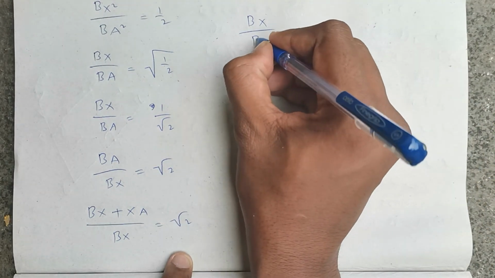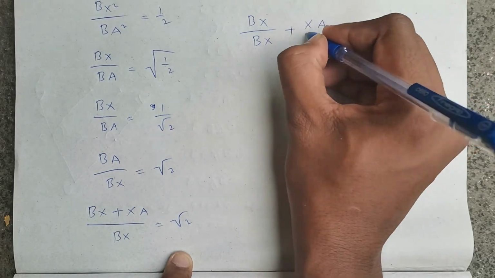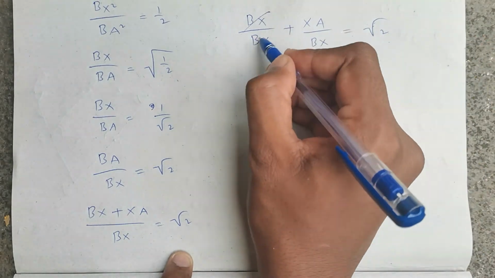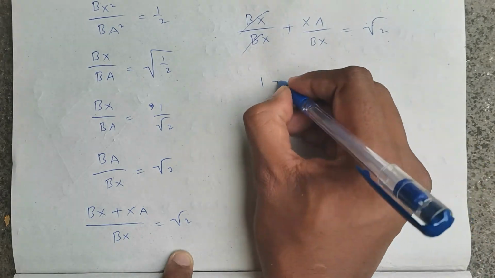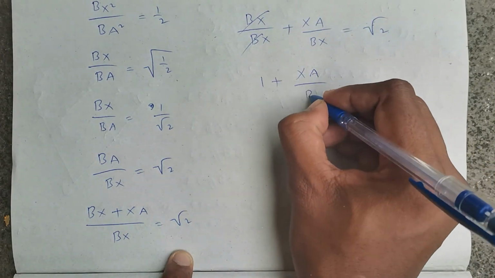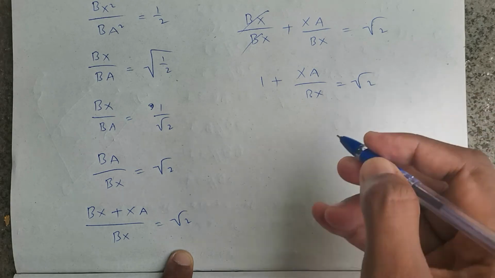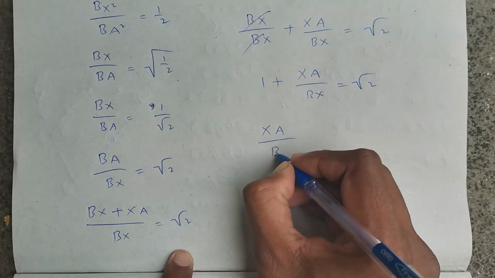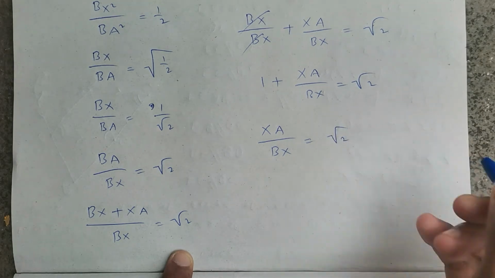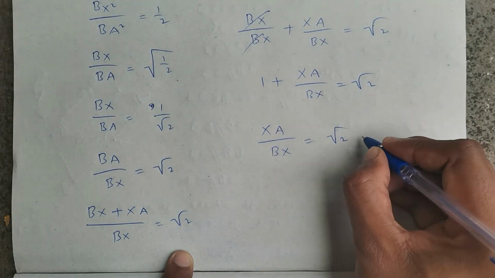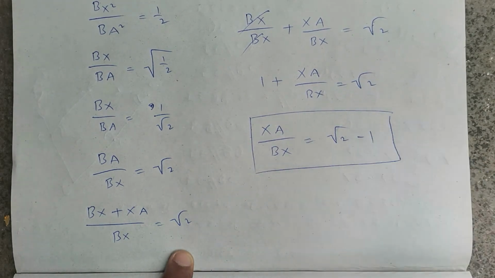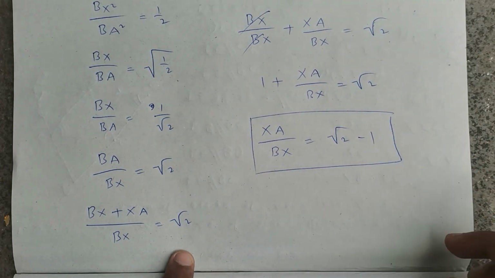BX divided by BX plus XA divided by BX is equal to root 2. BX will get cancelled, so we remain with 1 plus XA by BX is equal to root 2. We will take this 1 to the right side, so it becomes minus 1. So the value of XA divided by BX is equal to root 2 minus 1.